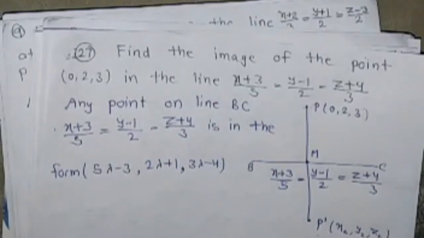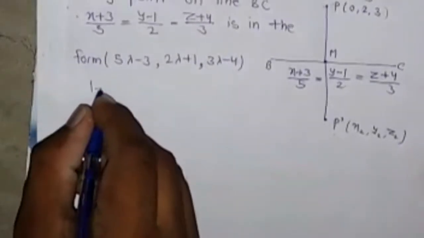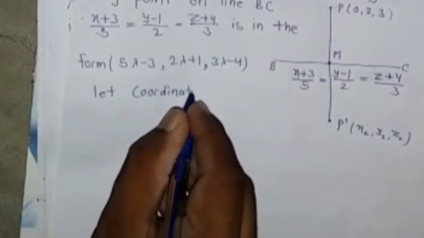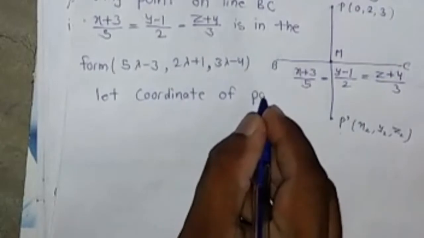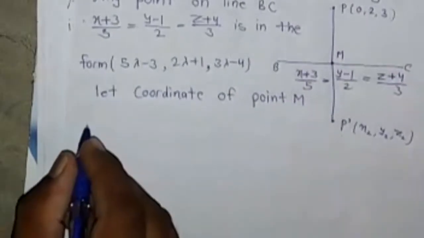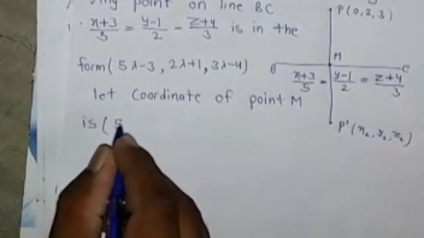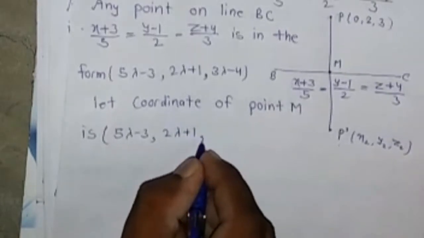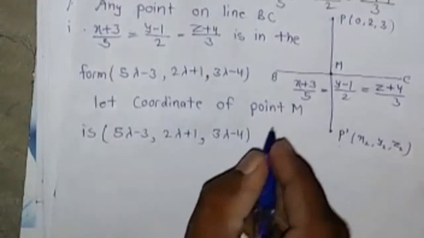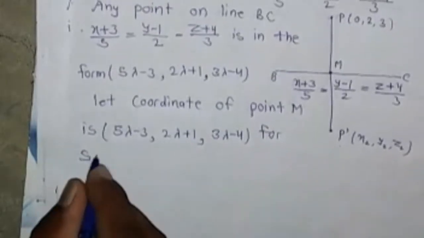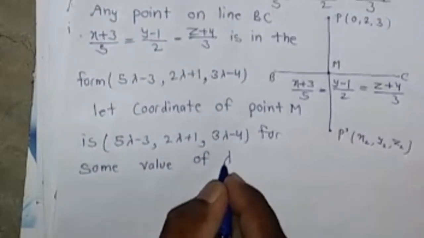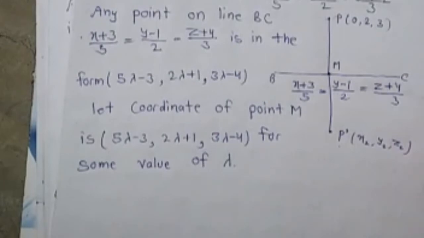It is any point lying on the line BC. Let the coordinate of point M be (5 lambda minus 3, 2 lambda plus 1, 3 lambda minus 4) for some value of lambda, since it lies on BC. Then we have the coordinate of point M.